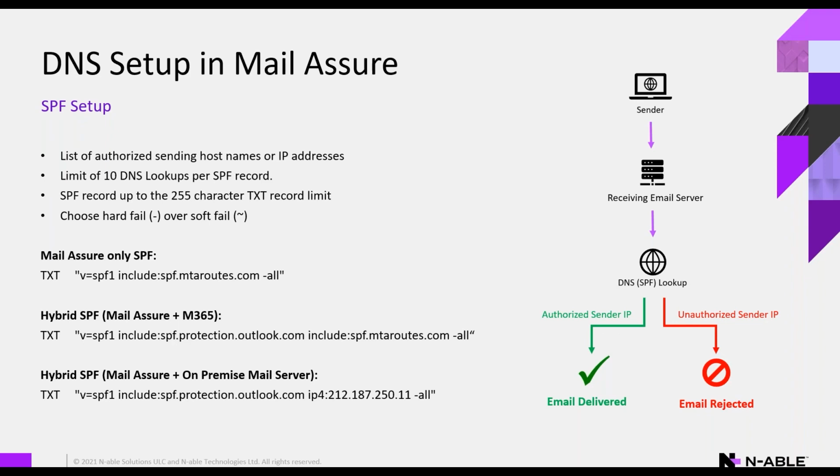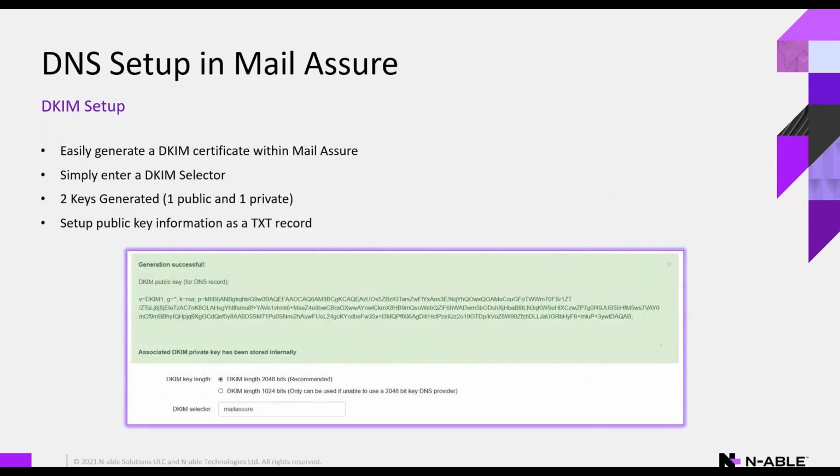It's the same with the DKIM setup. You log into MailAssure, you get the public-private key pairing, and then you go out and add that public key to your registrar's records. Again, if you've got access, this takes 2-3 minutes.